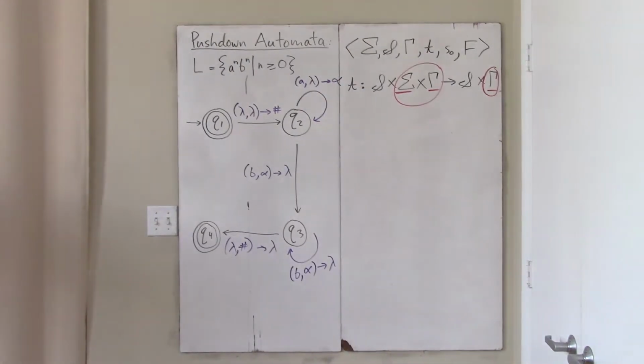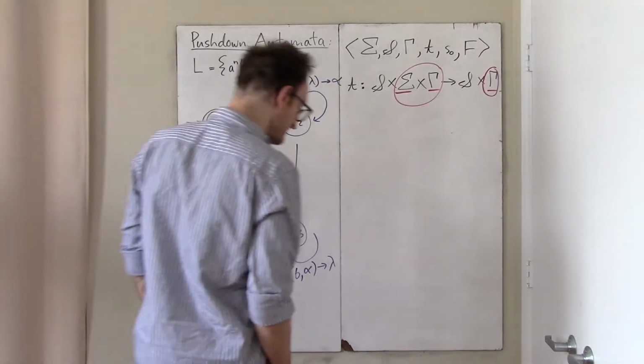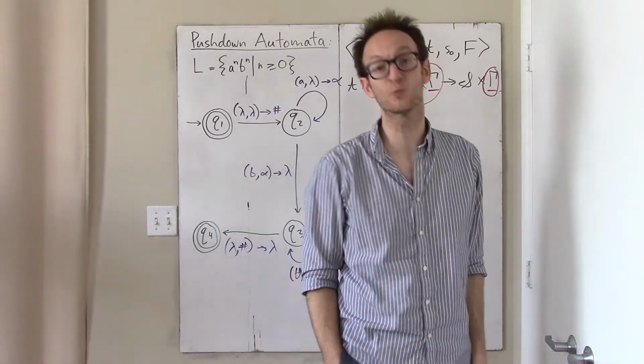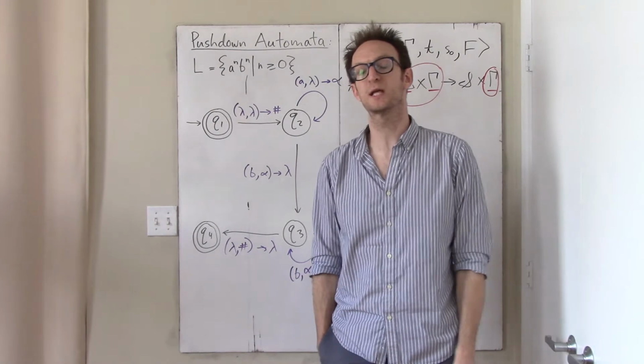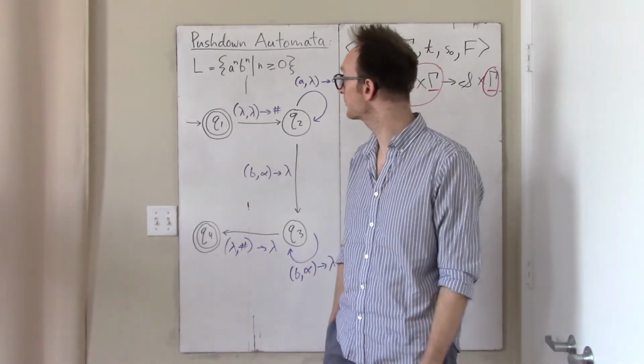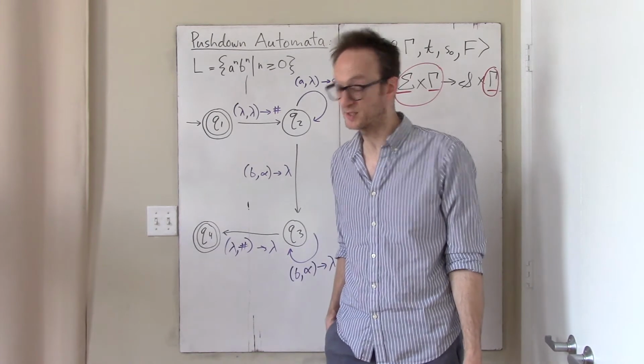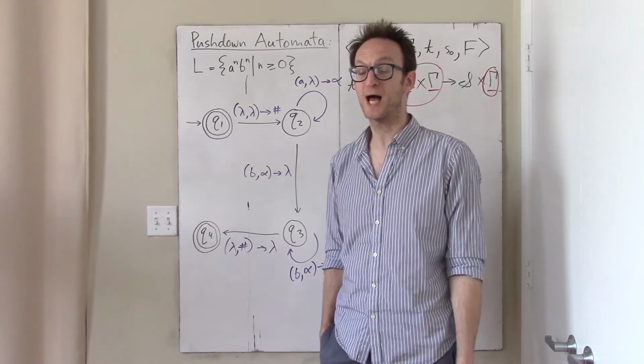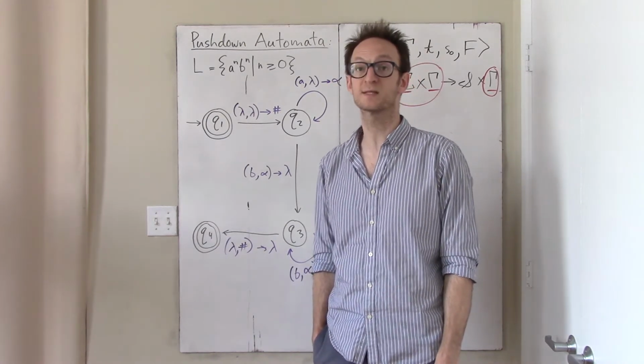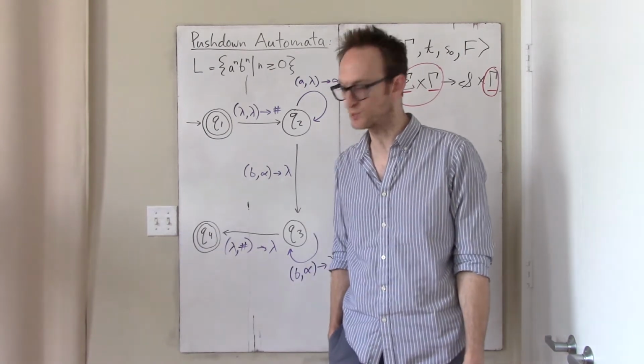Let's check the time. I think it's relatively clear that this machine is going to accept all the strings that it's supposed to accept. But it's way less clear to me that this machine will not also accidentally accept a lot of strings that it isn't supposed to.